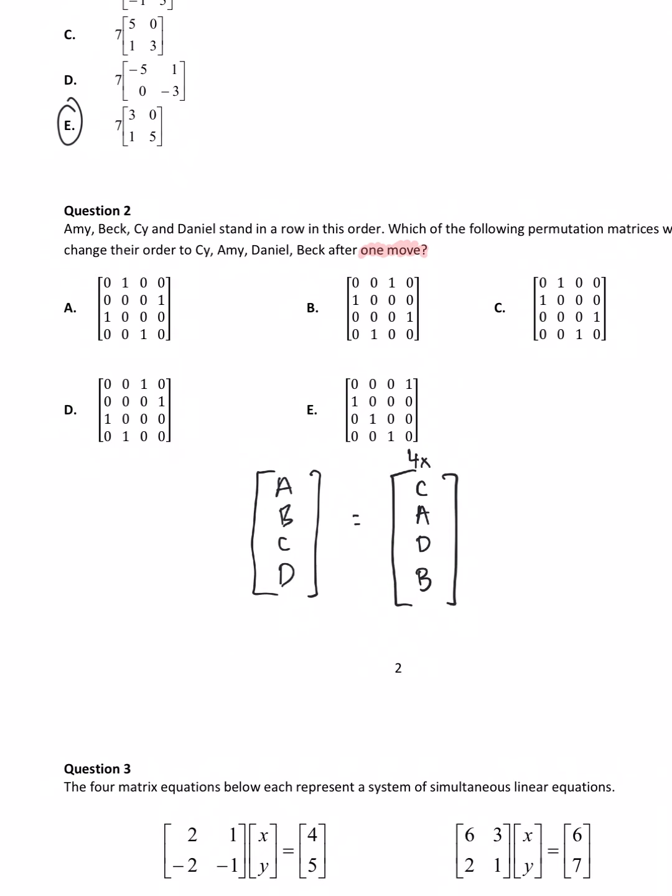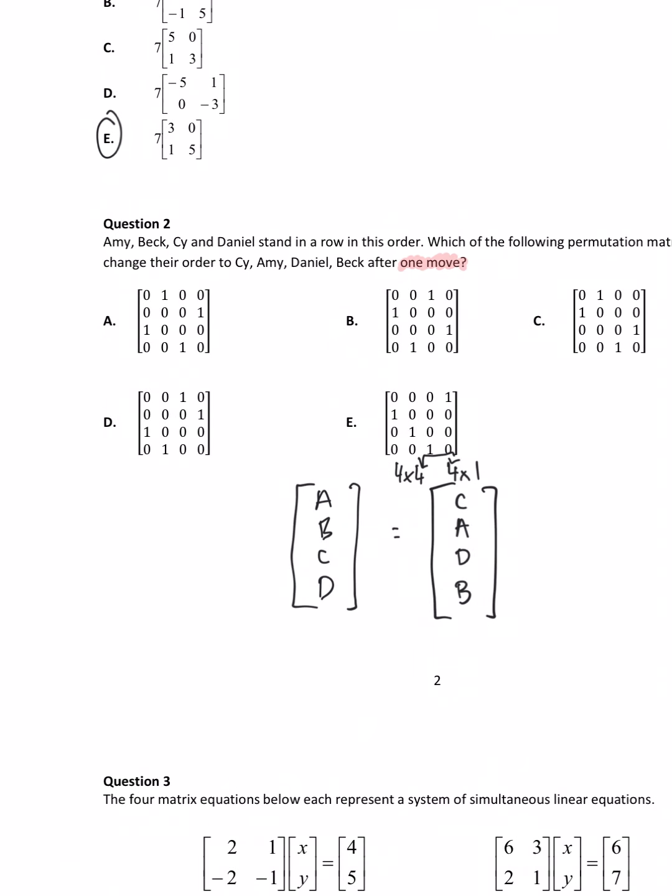This is a 4 by 1 matrix, and all of the other matrices are 4 by 4. So for this to work, we have to do the permutation matrix first. On your calculator, just do each of these matrices one at a time, making sure that the permutation matrix is first, and multiply it by our original one.